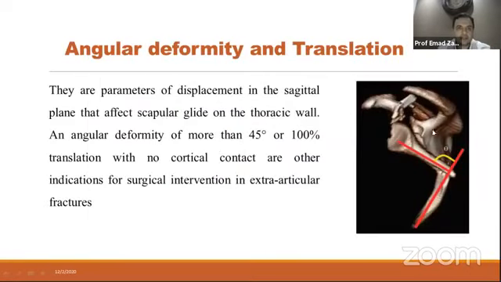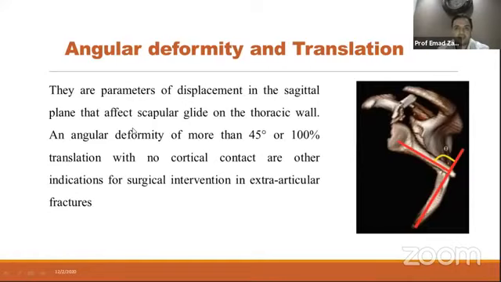Also, angular deformity and the translation, they are parameters of displacement in the sagittal plane that affect scapular glide on the thoracic wall. So when deciding to operate or not, don't think only of the shoulder, but think about the shoulder girdle as a whole, not the glenohumeral joint only.